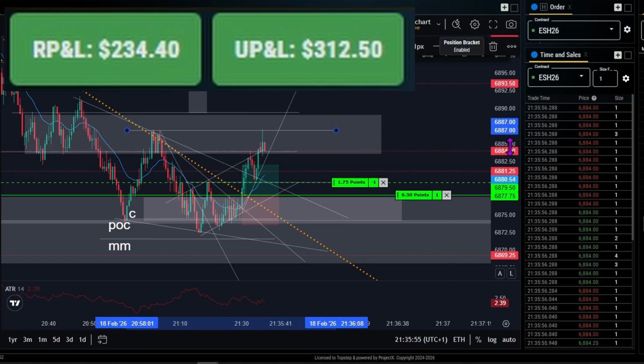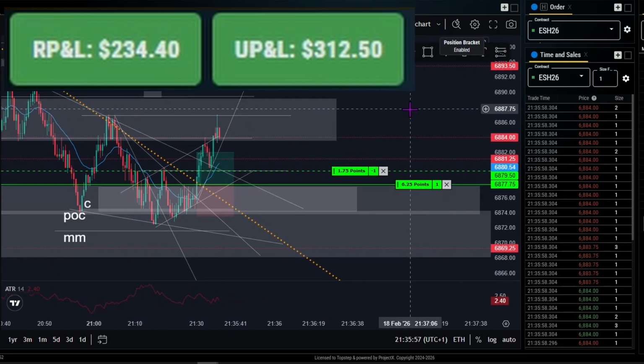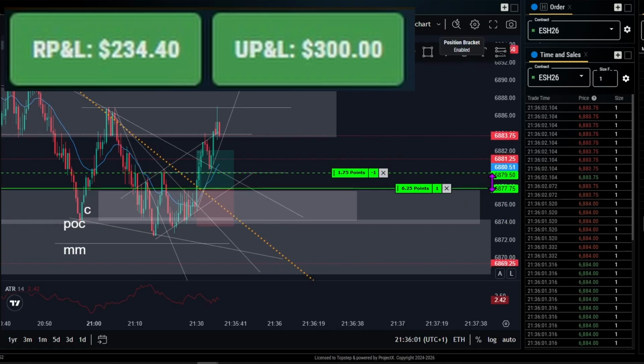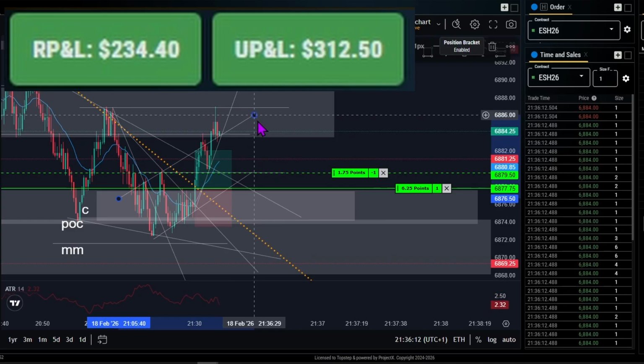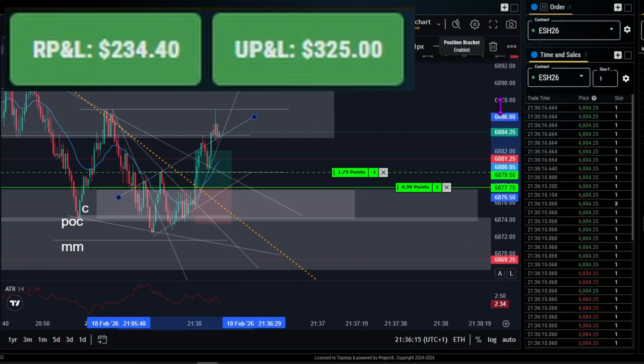I want to have my stop loss at the candle low of the swing low. Let's see, they can do that. Yes, but could work actually.